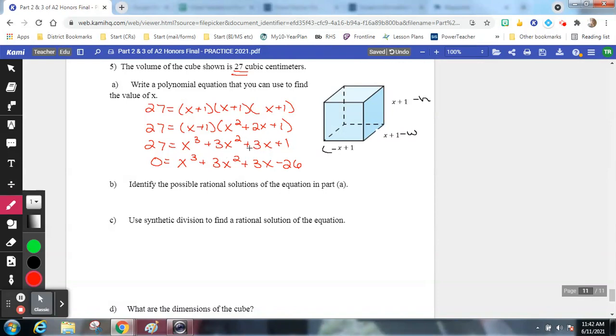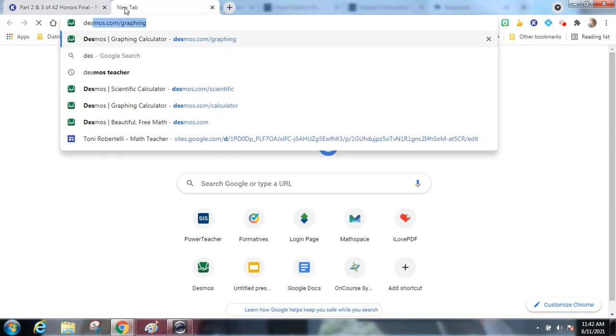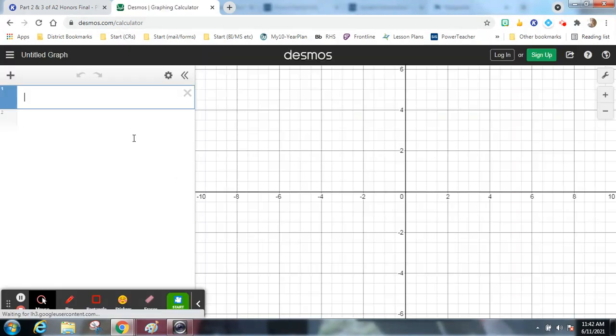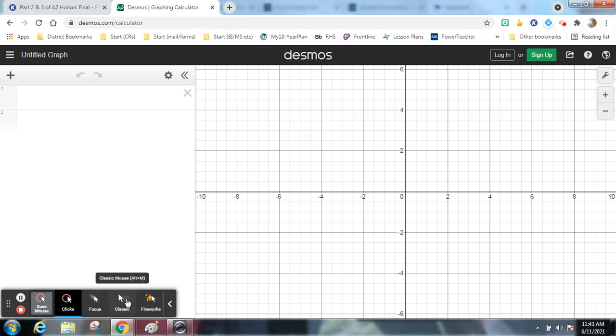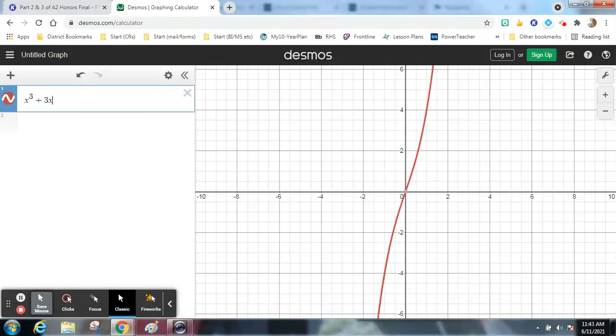All right. Part B says identify the possible rational roots to the equation. So there's the rational root theorem, but we don't have to use that. If you remember, I said we can use Desmos and the graph to help us out. So I pull up Desmos. I'm going to type in my equation, x cubed plus 3x squared plus 3x minus 26.